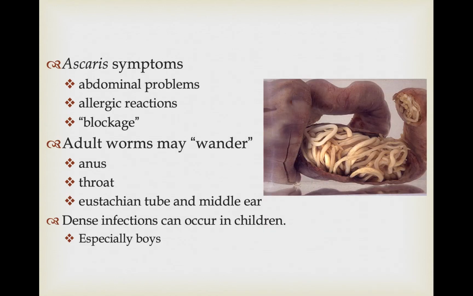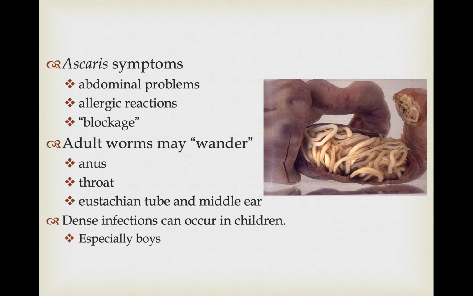So, what are the symptoms if you are infected with Ascaris? Well, sometimes these infections can be pretty massive, and you can develop some severe abdominal problems, including blockage, where the worms grow to the point where it completely fills up your intestines. Some individuals can actually have allergic reactions to the cuticle itself, and that can cause some problems. And occasionally, adult worms can wander.